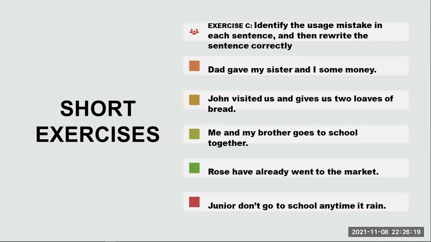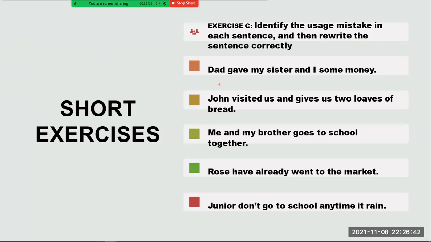Identify the usage mistake. Identify the usage mistake in each sentence, and then rewrite the sentence correctly. All right? Number one: Dad gave my sister and I some money.